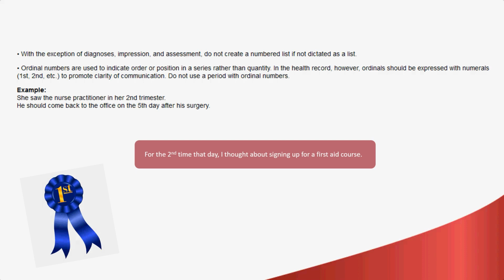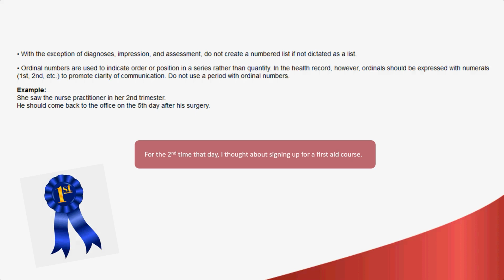So if you can tell they're talking about the same topic and they're listing things and they're saying something to indicate like we want to make a numbered list here, you have to make the numbered list. But if they don't, and you're not in a diagnosis, impression, or assessment section, you're going to write it in sentence form list, okay?